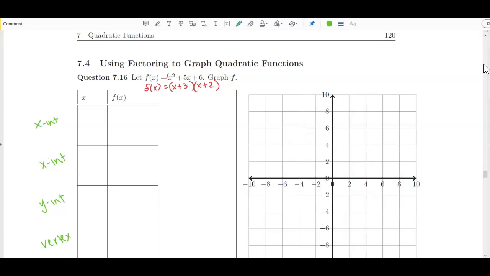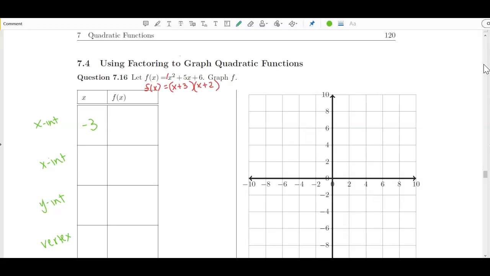So somebody tell me, just unmute yourself and tell me what would a good x be to choose on this. -3. Okay, why -3? If you put it in for x, then it equals 0. Yeah, so it makes that first factor go to 0. So that would be a good one. Okay, somebody else tell me another x.